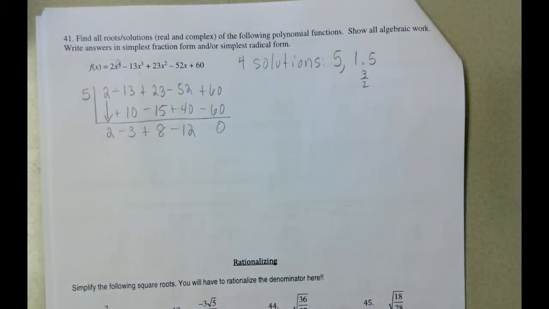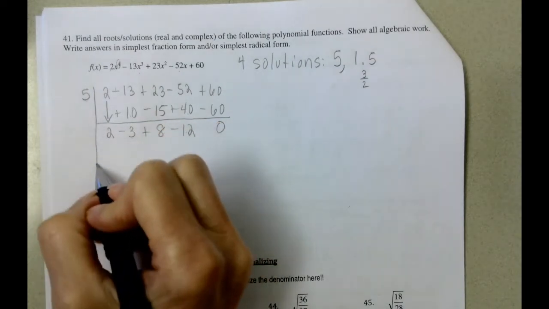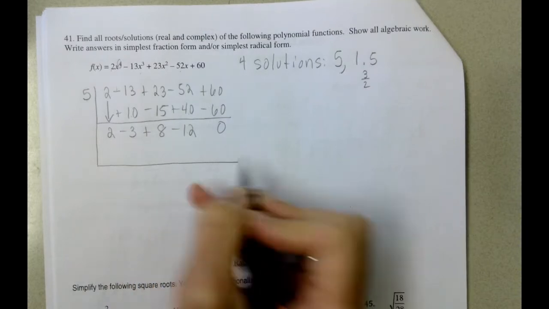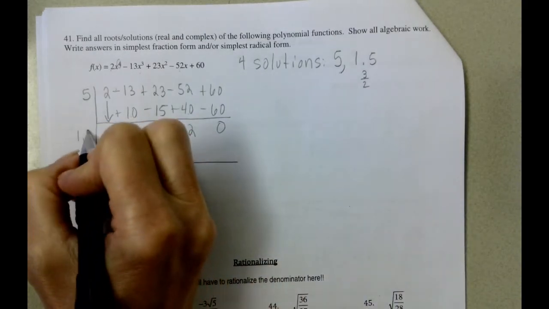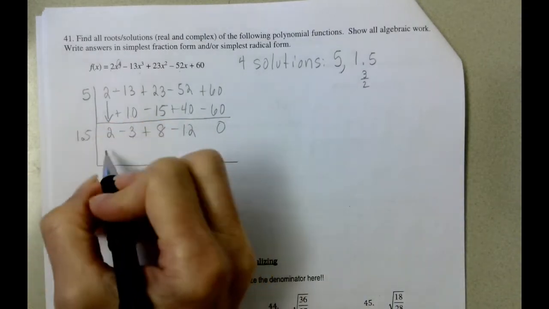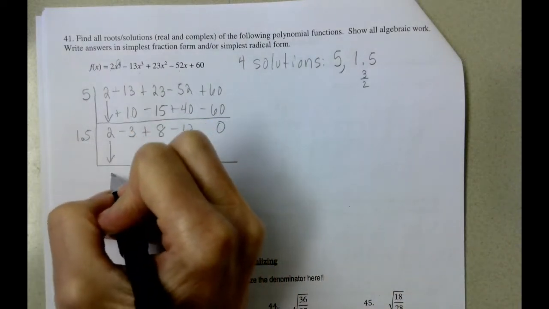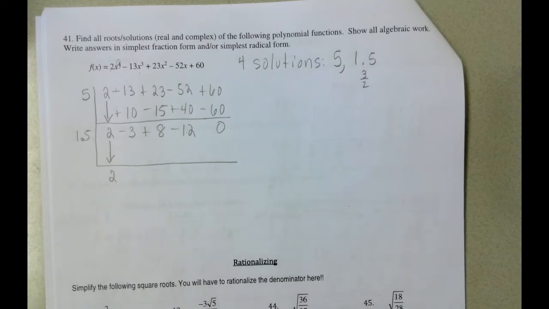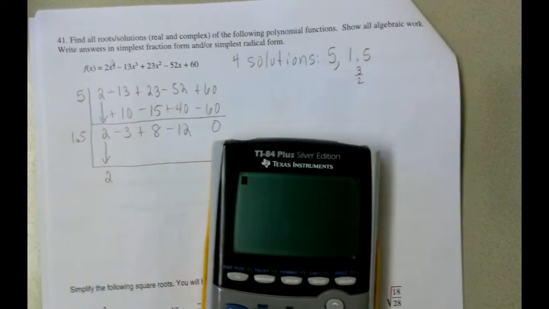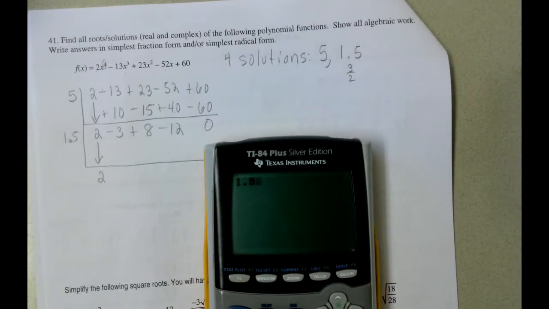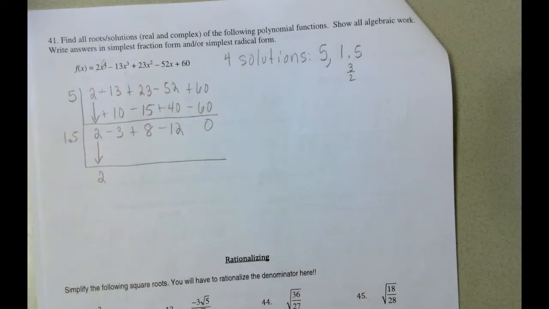And we've seen that root on our calculator. We better get 0 at the end. And now we're going to take this, and I will use the decimal of the 1.5. We're going to do the same thing. We're going to carry down the 2, and 1.5 times 2 is 3.